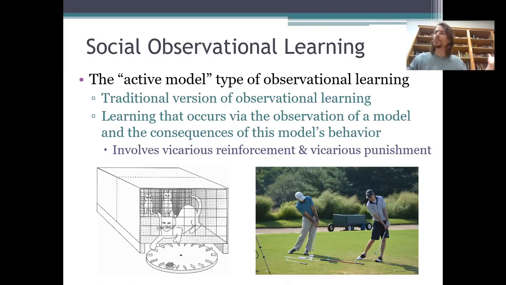And so all of the examples of observational learning that I've given you so far have been this social active model type. For example, the cats in that Herbert and Harsh study, they learned to do the turntable problem by watching a model do it first. Right?